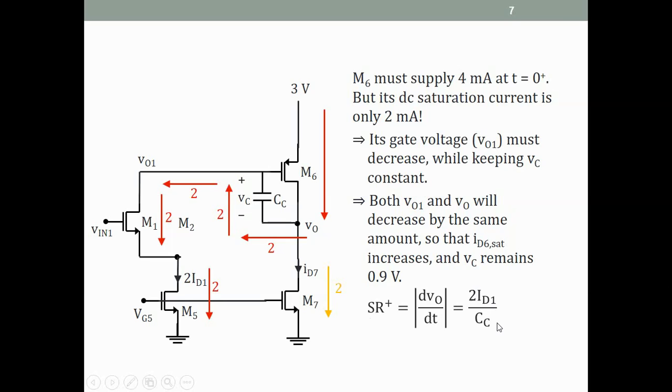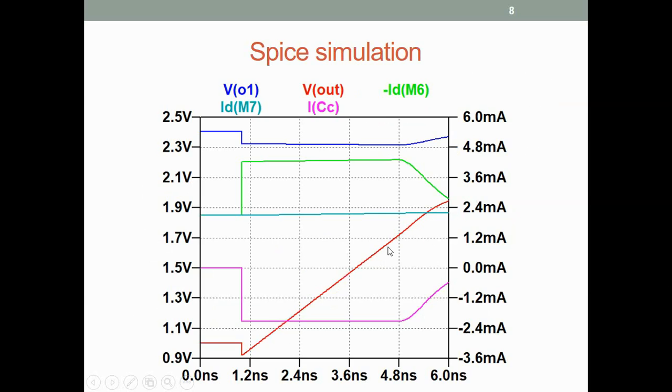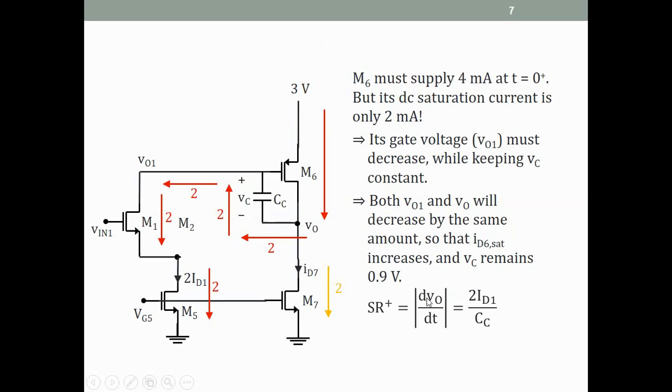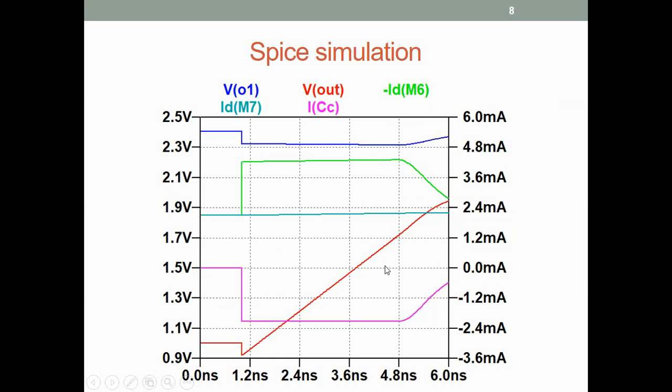So here is a SPICE simulation of this circuit. Let us quickly look at it. This is VO1, the blue. The blue was 2.4. The switching is happening at this point in time, 1 nanosecond. Before 1 nanosecond, the input voltage was 1.5.